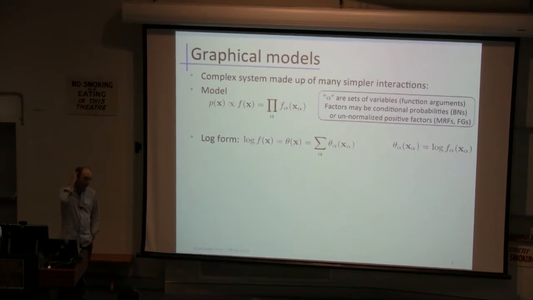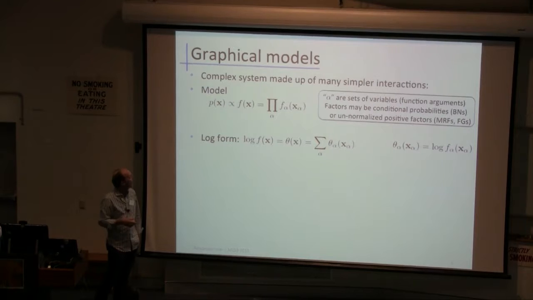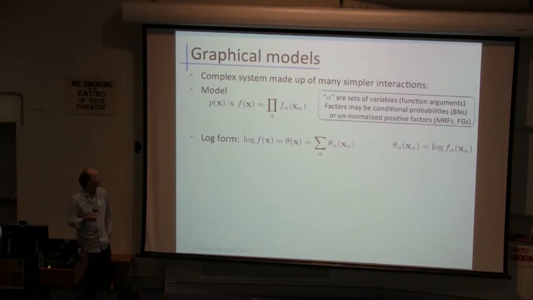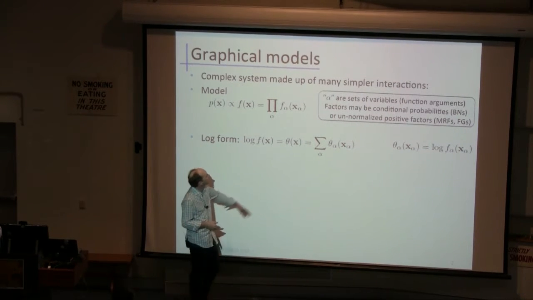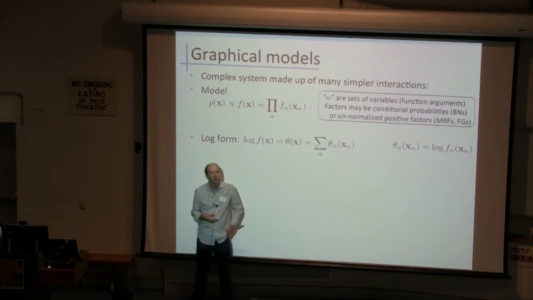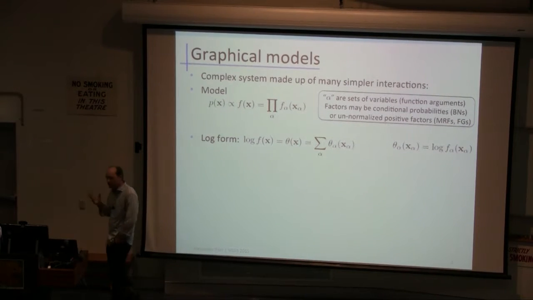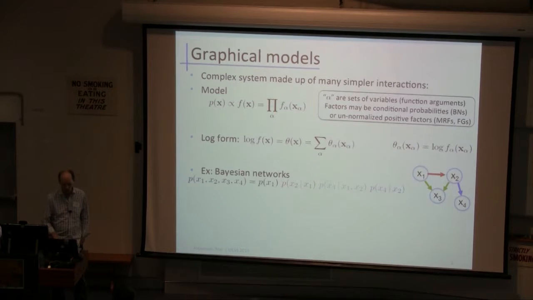It'll also be useful often to talk about the logarithmic form of this. So I'll sometimes talk about f, where I mean a product of smaller functions. And sometimes I'll talk about theta, where I mean a sum of smaller functions. So you can just think of theta as being the logarithm of f. Each of these is a useful way of looking at things at different points.